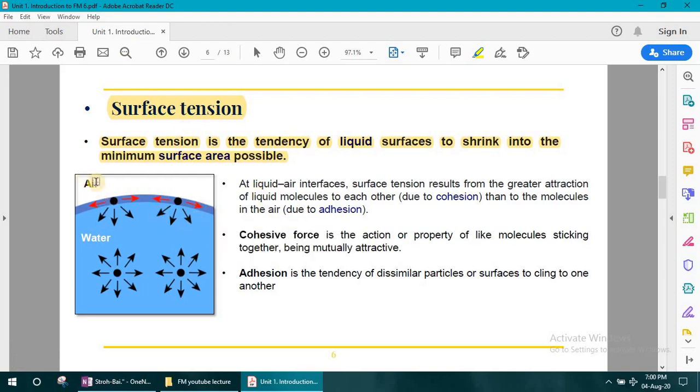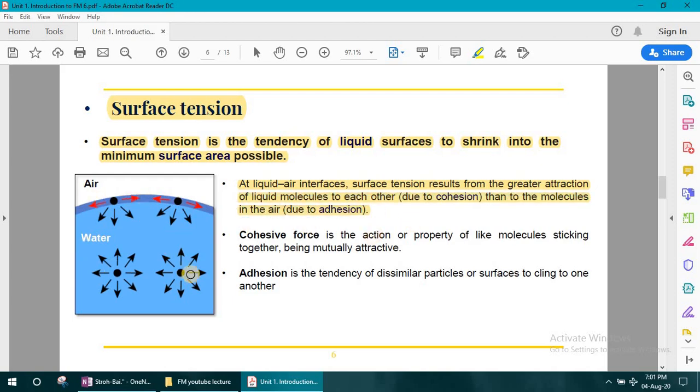To explain this phenomenon, I have taken this figure where this is water and this is air. At the water or liquid air interface, surface tension results from a greater attraction of liquid molecules to each other due to cohesion than to molecules in the air due to adhesion.